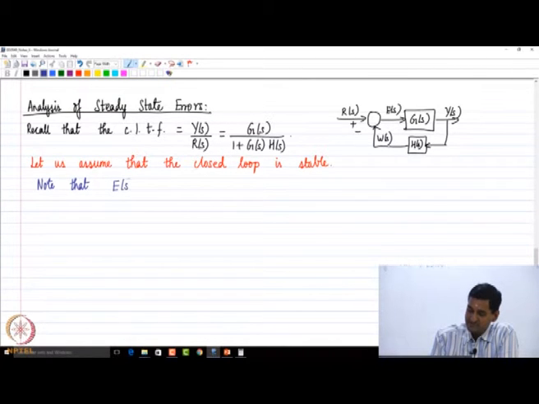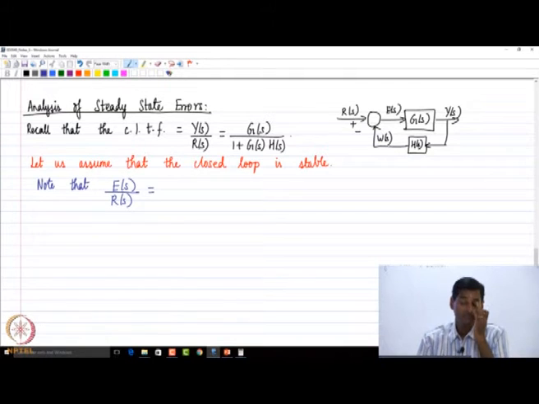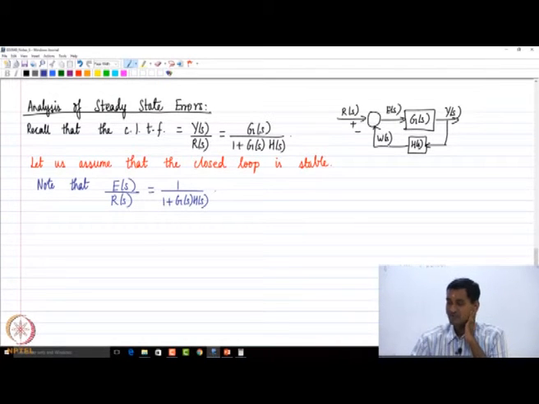So immediately we note that E of s divided by R of s is going to be equal to what? What is E of s by R of s? 1 divided by 1 plus G of s H of s. That's pretty obvious, because of course you can say Y of s is G of s E of s, so E of s is 1 by G of s times Y of s, so you get this, or you could go the other way around also.